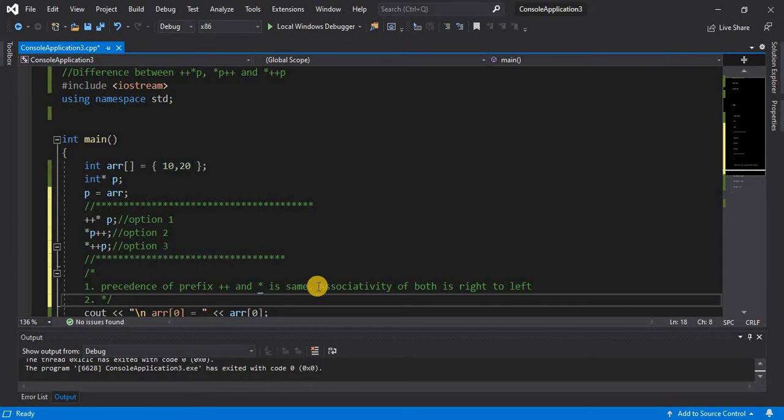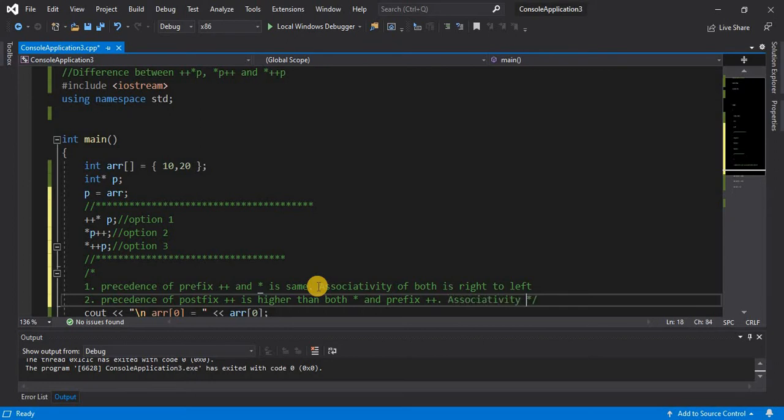The second rule is the precedence of postfix plus plus is higher than both star and prefix plus plus.